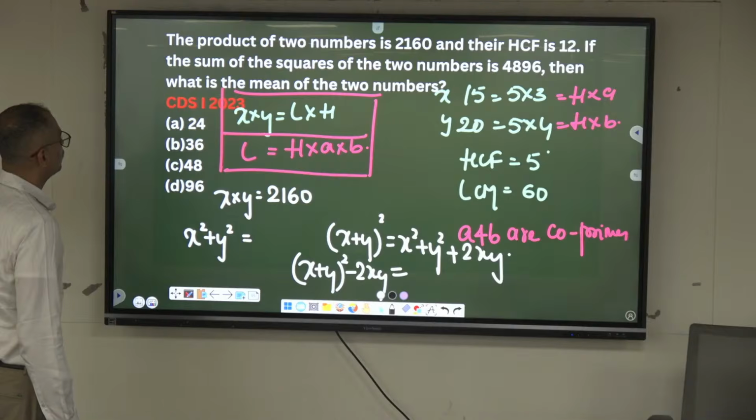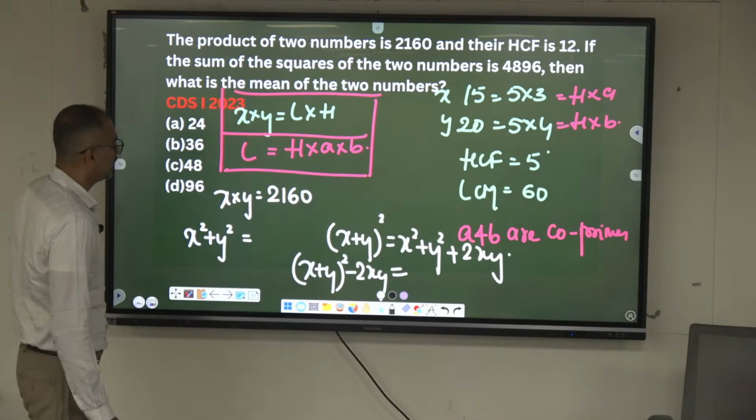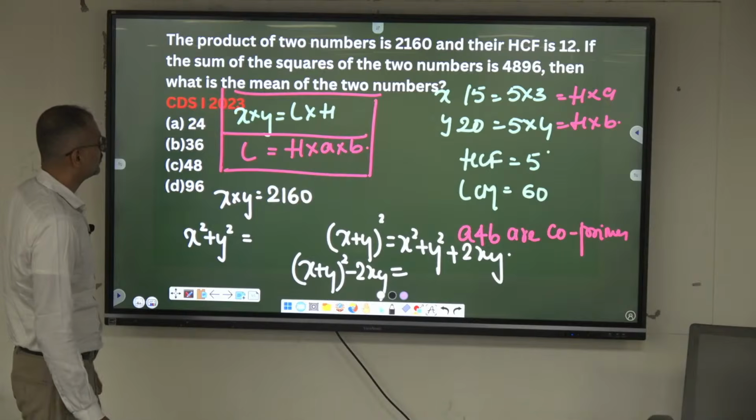The sum of the squares of the two numbers, x square plus y square, is 4896.